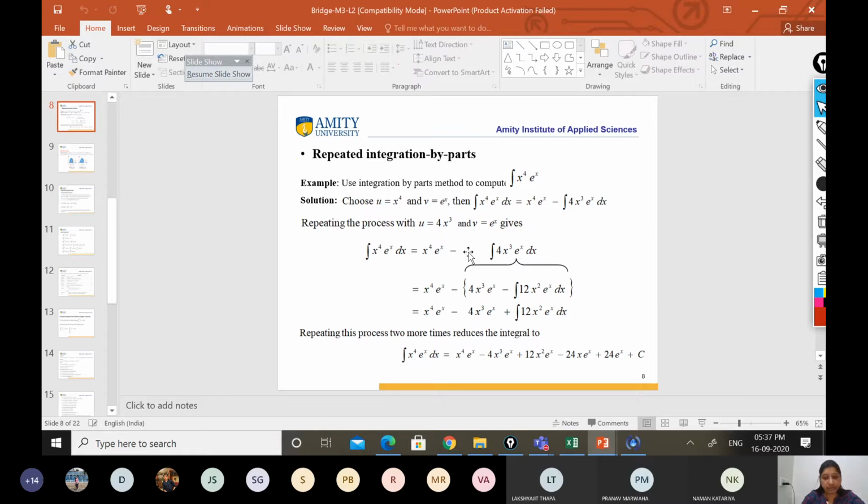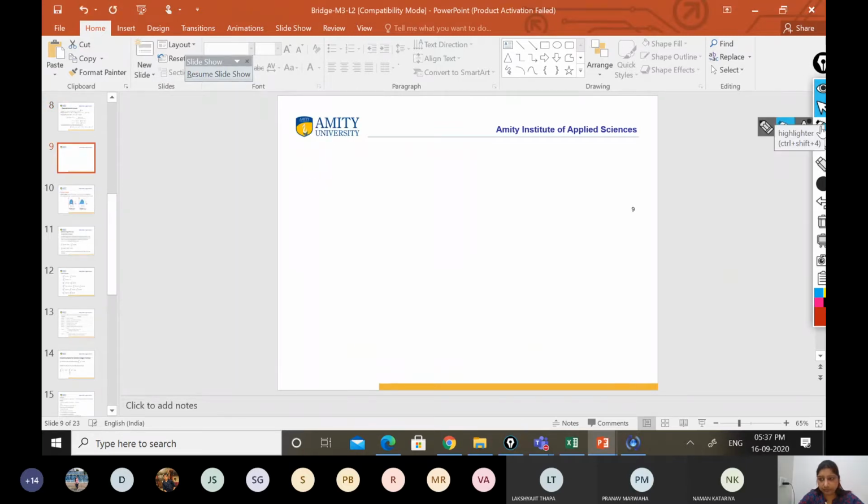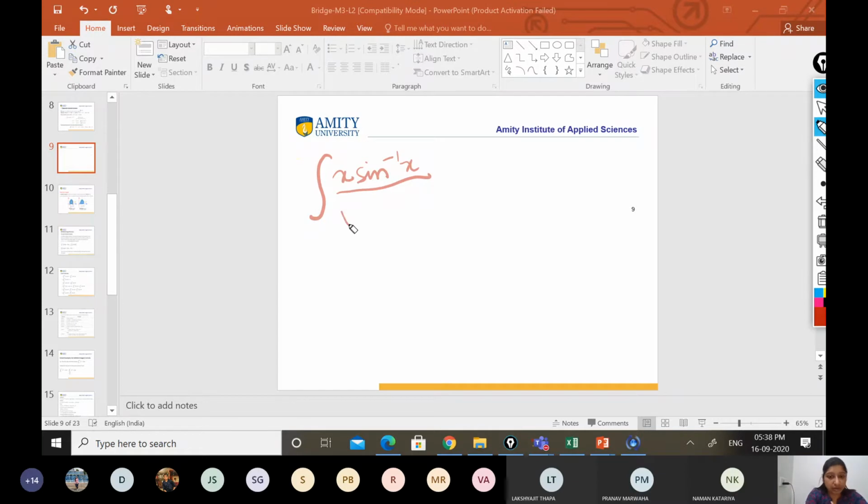Solve the integral of x sine inverse x upon under root 1 minus x square dx.